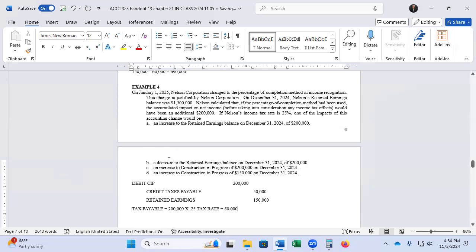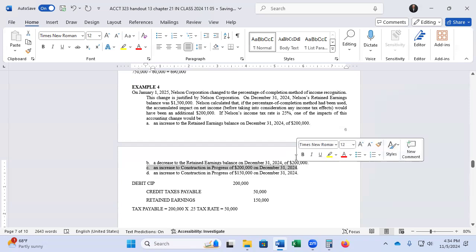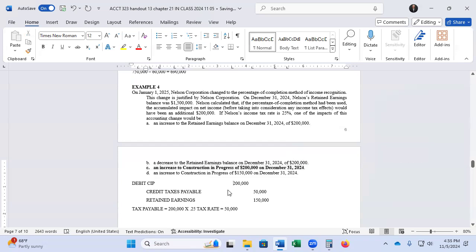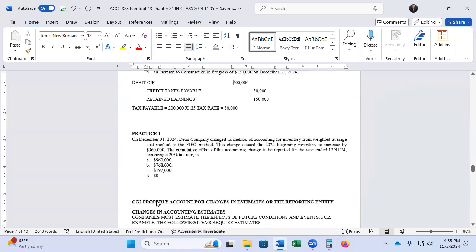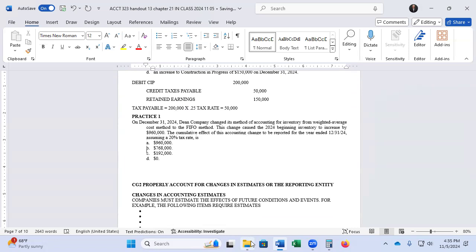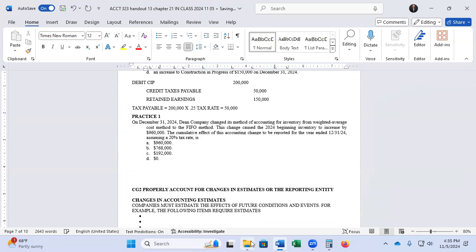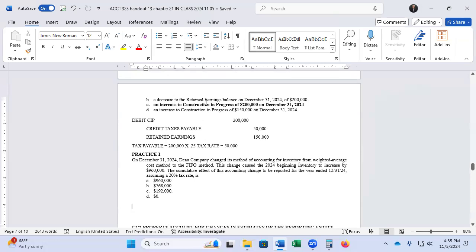So what we would see is an increase in construction in progress of 200,000 on December 31st, 2024. Okay, I'll give you guys about 3 or 4 minutes to do practice number 1. C, an increase to construction in progress of 200,000.